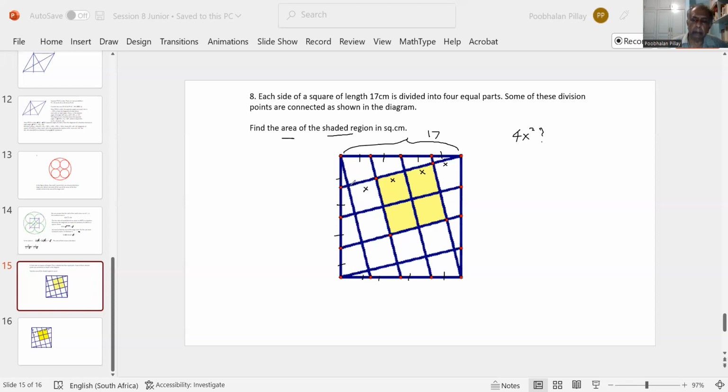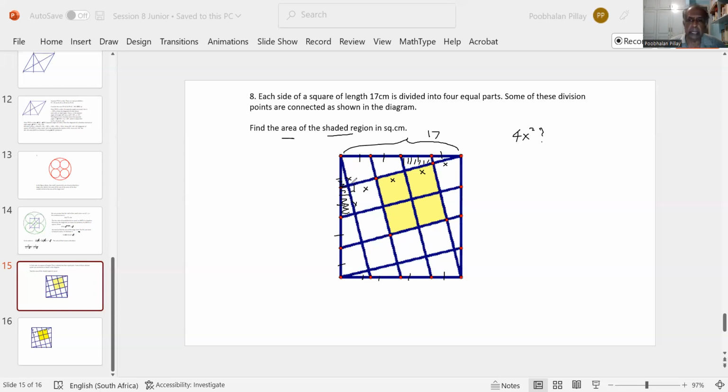Now again, you see this part here will be equal also. This triangle is identical with that. So this is x itself. So now how do we calculate x? We need to calculate 4x squared. But now in this picture here, you see you've got a right angle triangle.